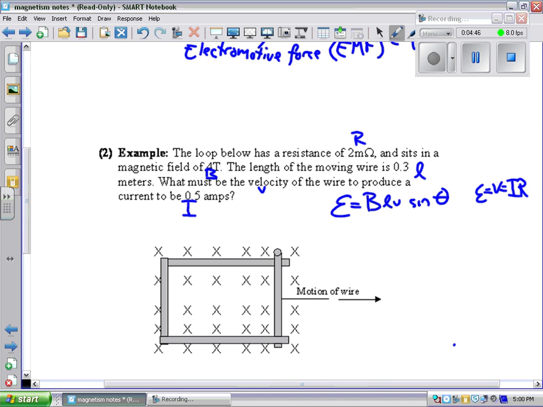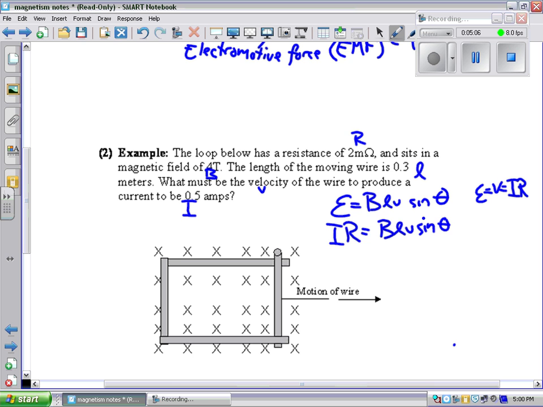We use that equation a lot in our current electricity unit. So I'm going to replace this curly E with IR. Then IR equals BLV sine theta. Again, we're going to ignore the sine theta because they're at right angles.